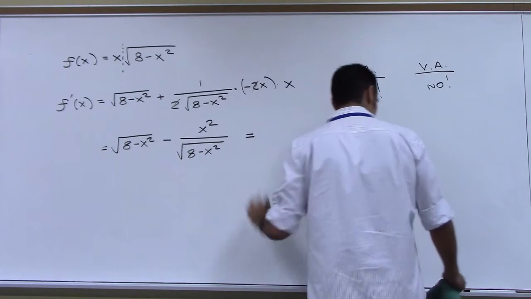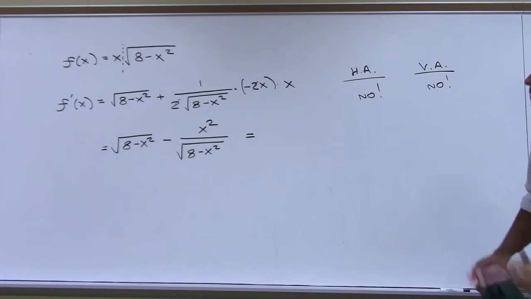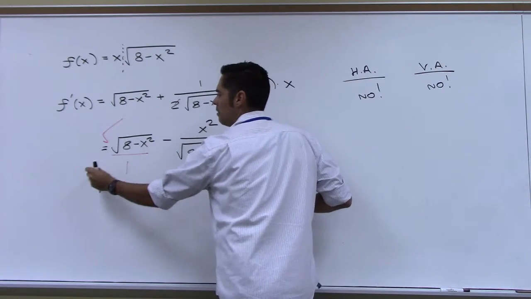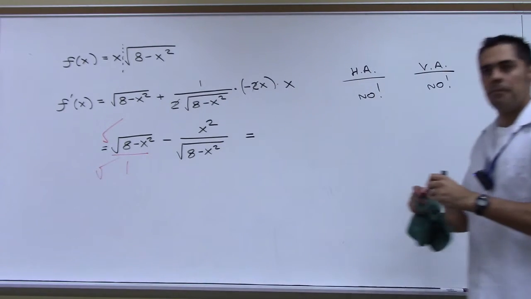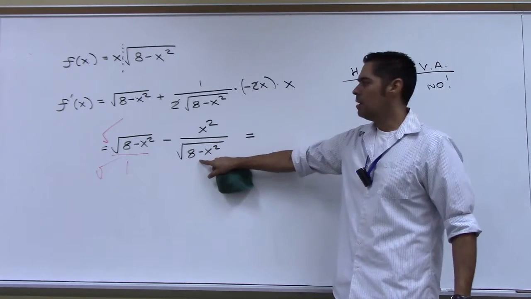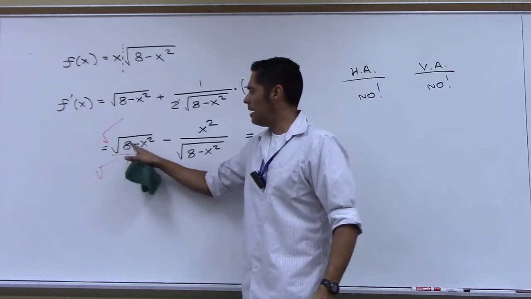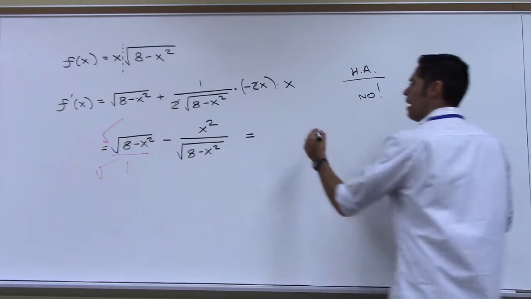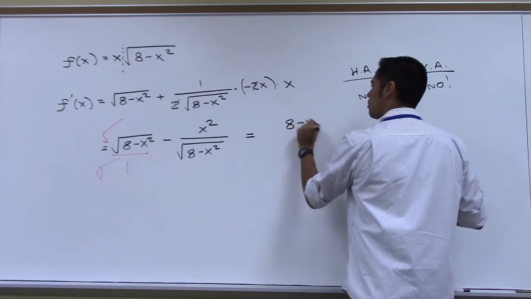So what do I have to multiply by to get a common denominator here? This one over here, top and bottom by that root thing, right? When I say the root, I'm saying the root of this. And what happens when I hit the root of 8 minus x squared with the root of 8 minus x squared? Square roots go away. Just get 8 minus x squared.